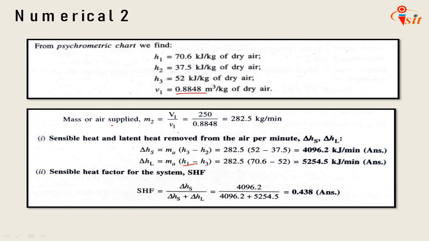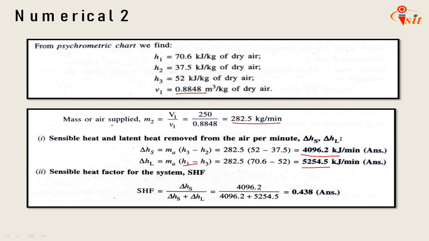So MA we need to find first, that is V1 divided by specific volume, 250 divided by 0.8848, which comes to 282.5 kg per minute. By substituting this value, we get the sensible heat as 4096.2 kilojoule per minute. Latent heat comes to 5254.5 kilojoule per minute.